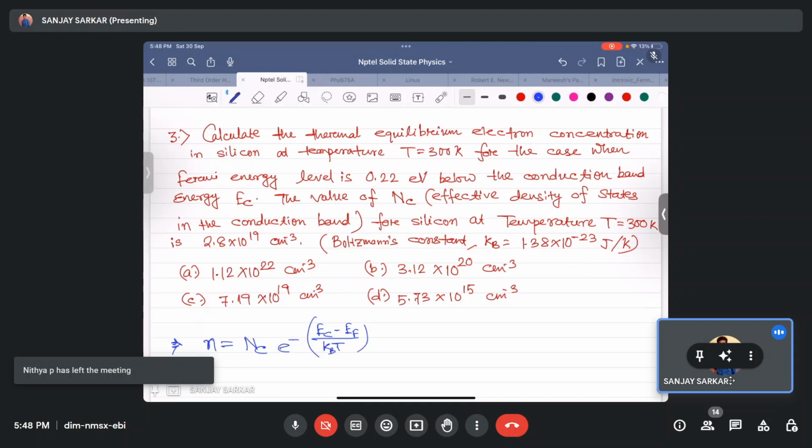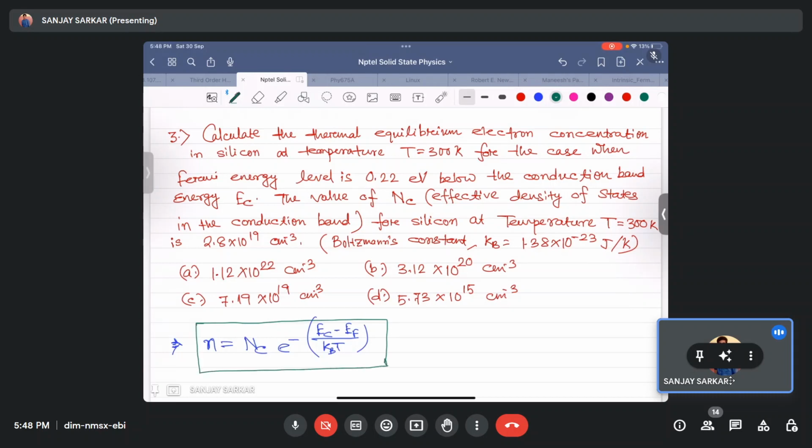This is the formula of the thermal equilibrium electron concentration in terms of the effective electron density of states. You can refer to it as equation 5. Everything is given in the question, so using this equation 5, please calculate the answer to this question.